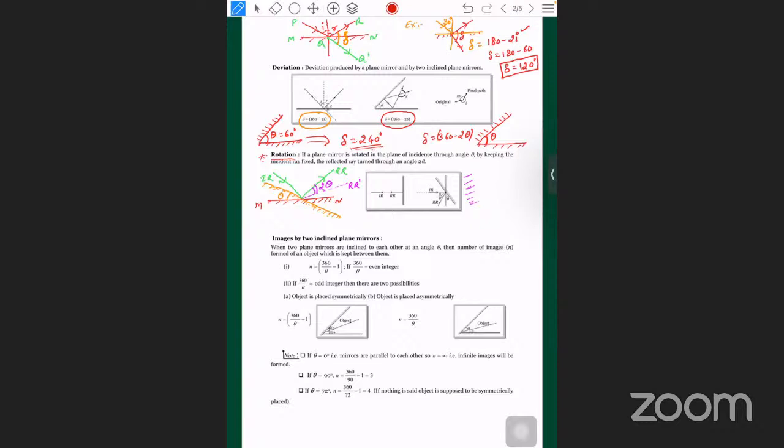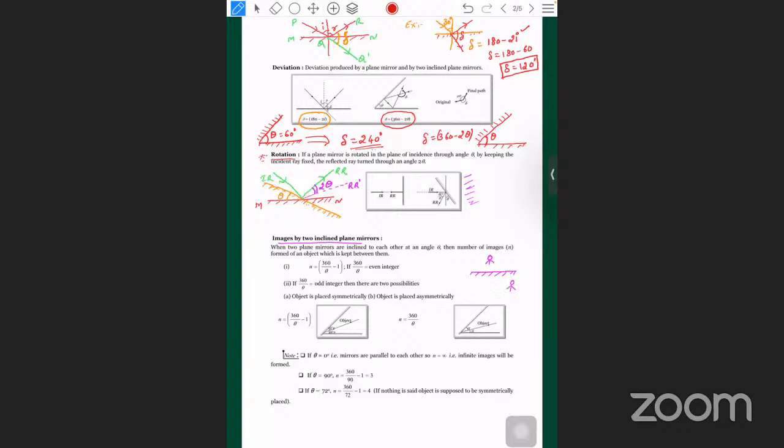Coming to the images formed, the number of images formed by the plane mirror. Suppose one mirror is there, and I say this is the object, then one image will be formed.